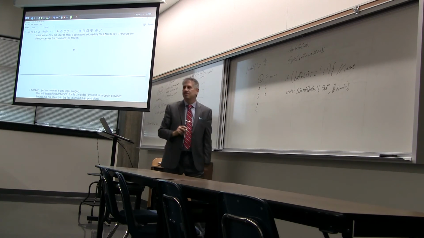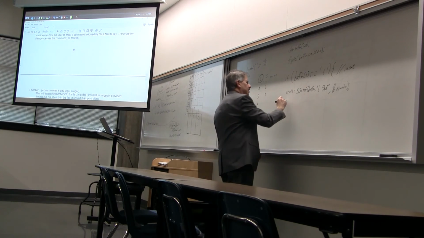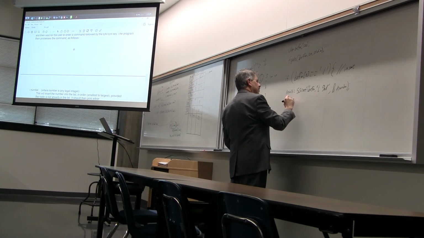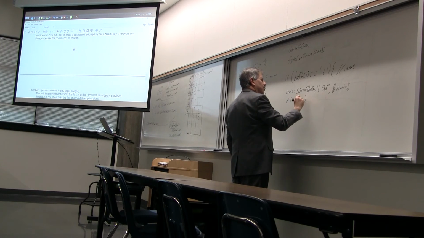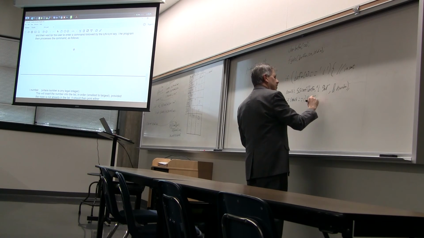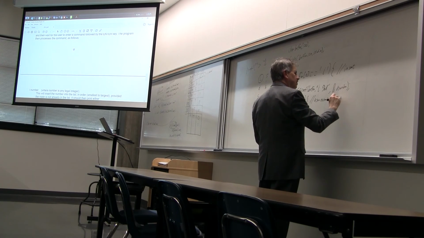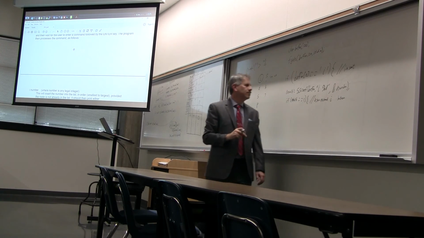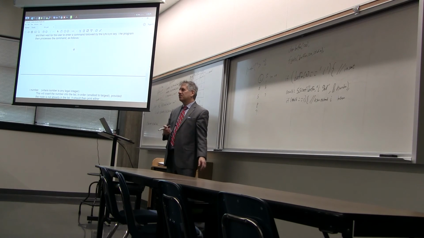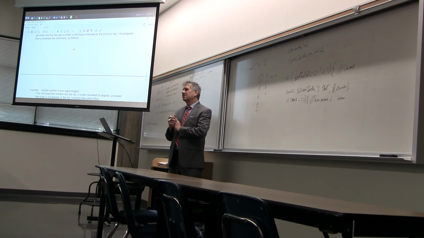Result equals scanf. If result equals 1, user entered I space integer. Now we know that they entered an insert command, they typed in a valid integer, and the value of that integer is in number.